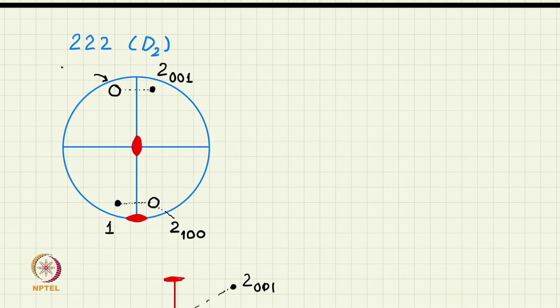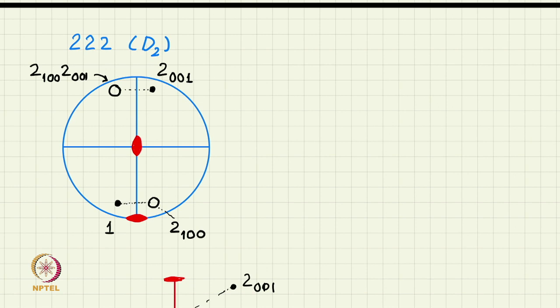I first apply 2001 and then I apply 2100. First I rotate about the vertical twofold axis and then I further rotate about the horizontal twofold axis.